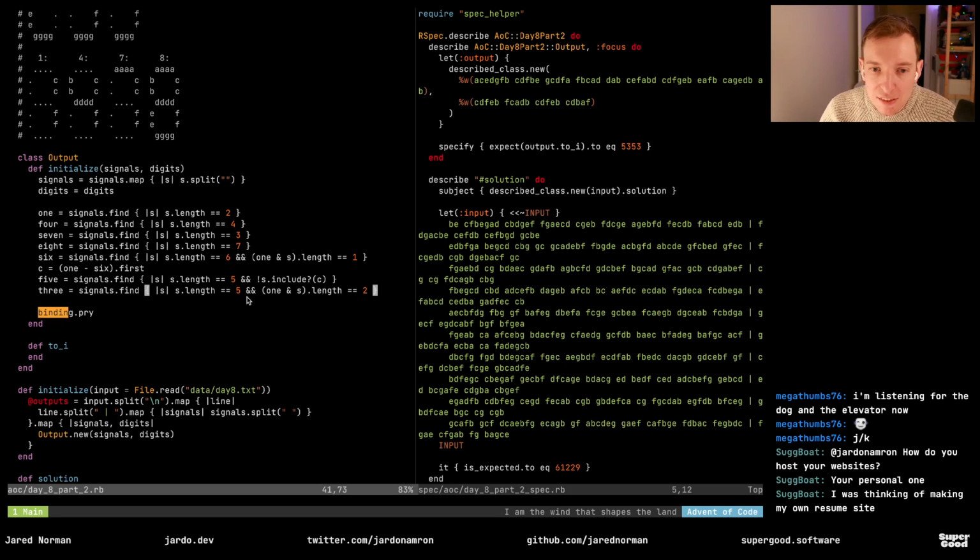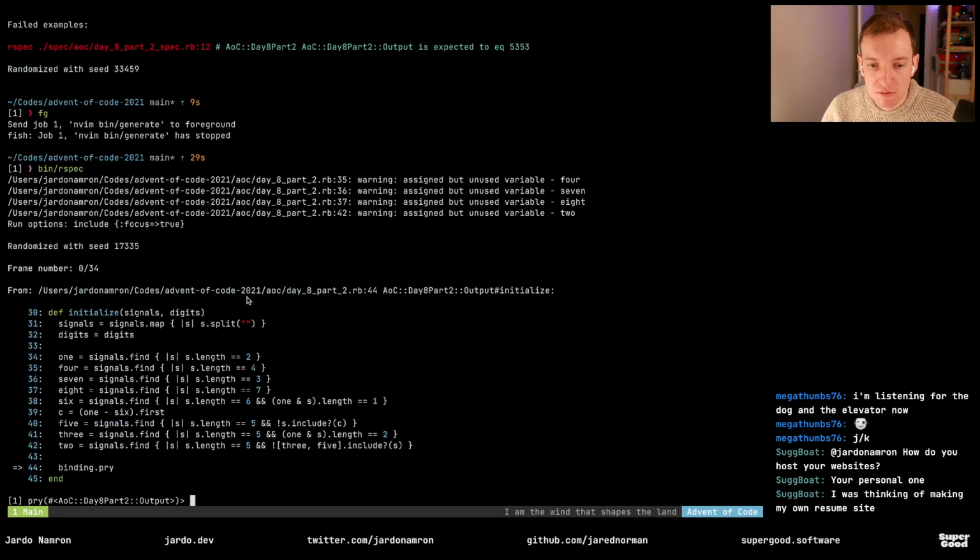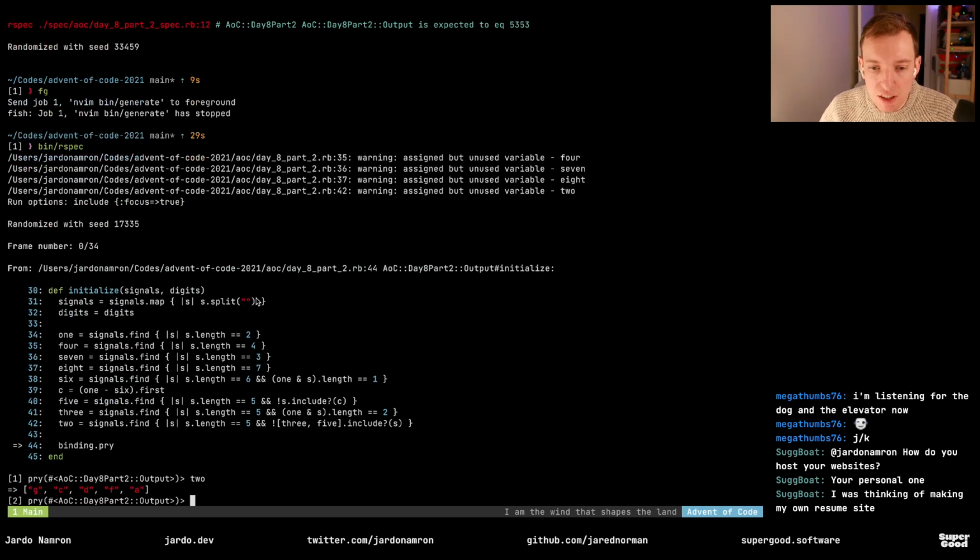And then 2 is equal to signals. Find S dot length is 5 and 3, 5. So just it's not 3 or 5. GCDFA. Cool. All right, so it works. Whew.